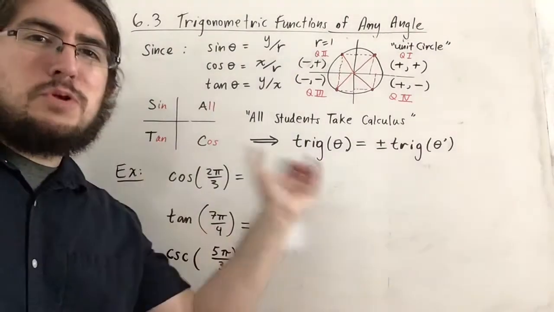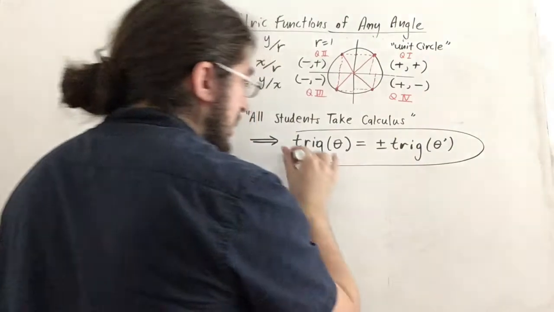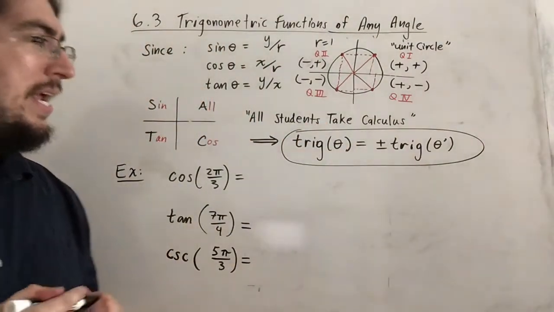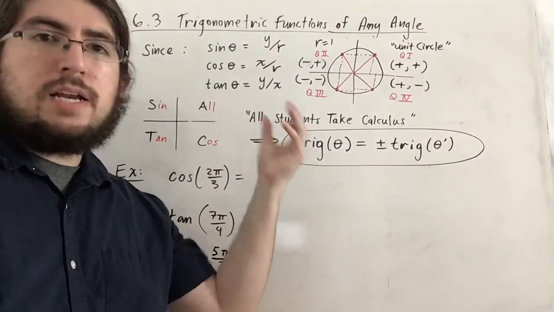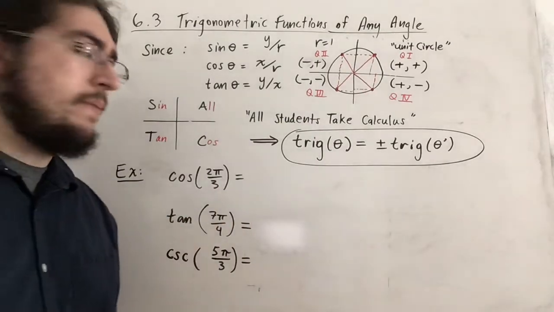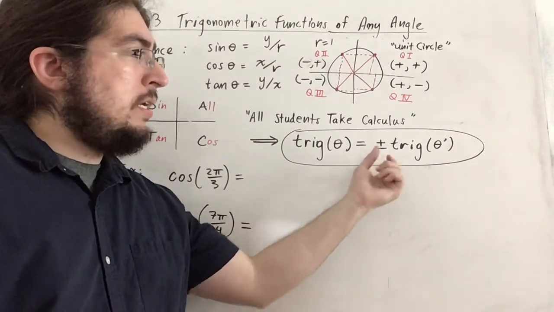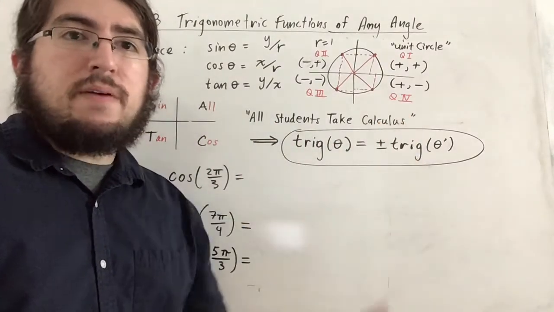And here is a beautiful consequence that hopefully everyone remembers, even after taking this course. Any trig function, whether it's sine, cosine, tangent, even the weird ones, like we'll see cosecant in a moment, of any angle is plus or minus that same trig function of the reference angle.